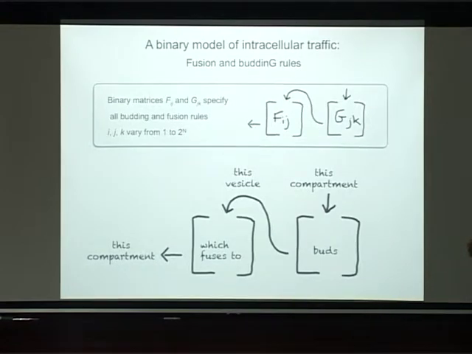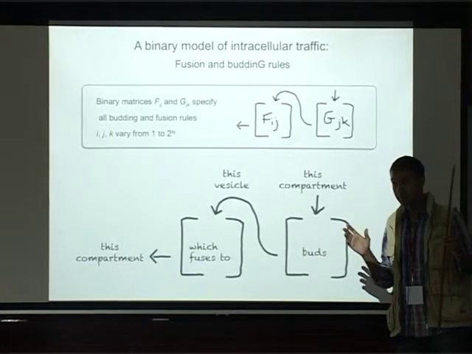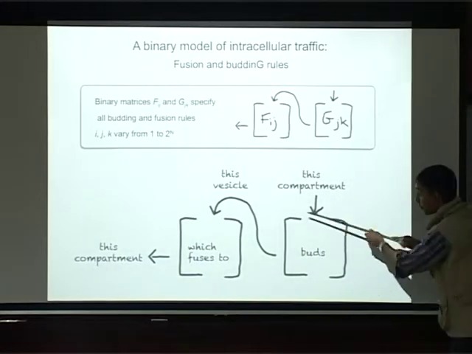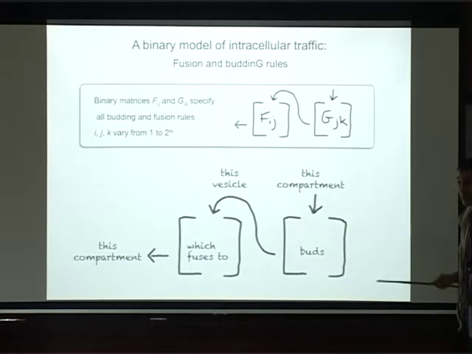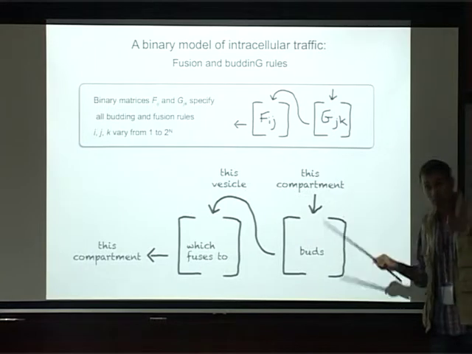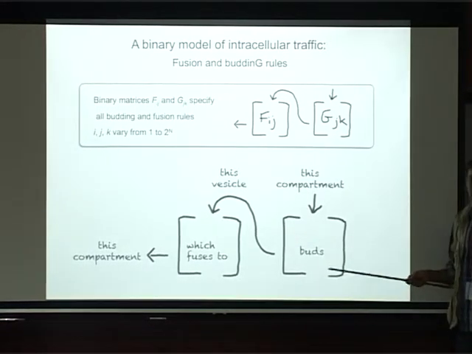But each one represents one compartment and one bud. A bud could come with two kinds of proteins. Which proteins it has depends on the 2 to the n particular configurations over here. But one compartment can and will give many vesicles. The only constraint is that the vesicle, of course, cannot contain any material which was not on the compartment in the first place.